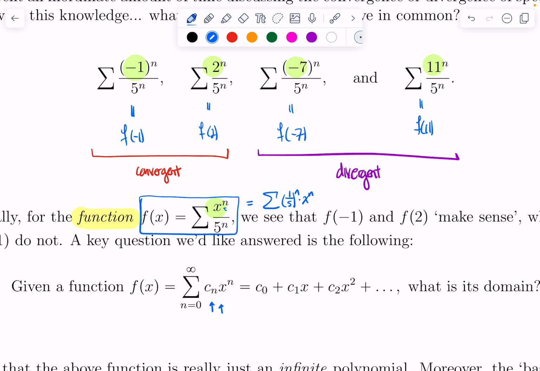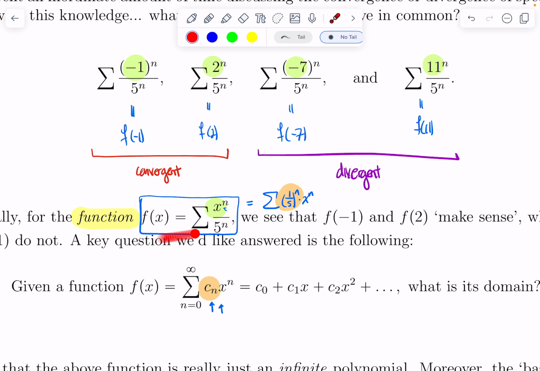Looks very geometric in that way. Given a function that models itself like this, where the c_n is allowed to be anything we want, in this case, it's geometric. It could be p-series like. It could be something that has factorials in it, stuff like that. But as long as I have something that looks like the sum of some coefficient sequence times x to the n, that's what we have over here.